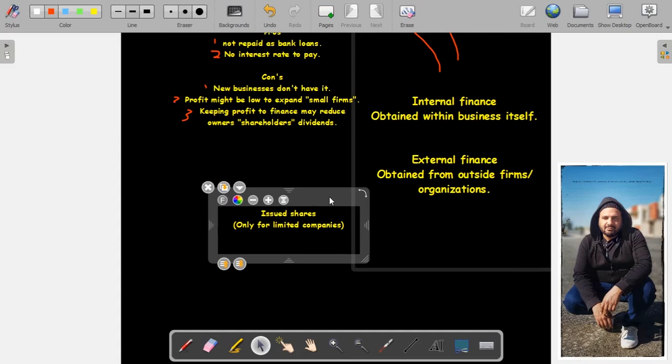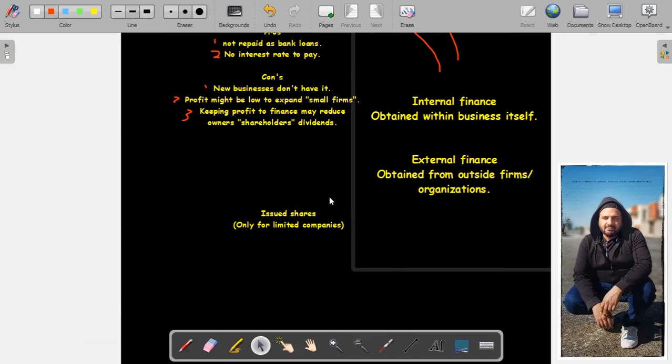What do you need to know about the issuing of shares? There are 2 advantages. The first advantage is a permanent source of capital. As you get the money for selling that share, it will belong to the business. It's considered permanent capital, and you don't have to repay the shareholders.